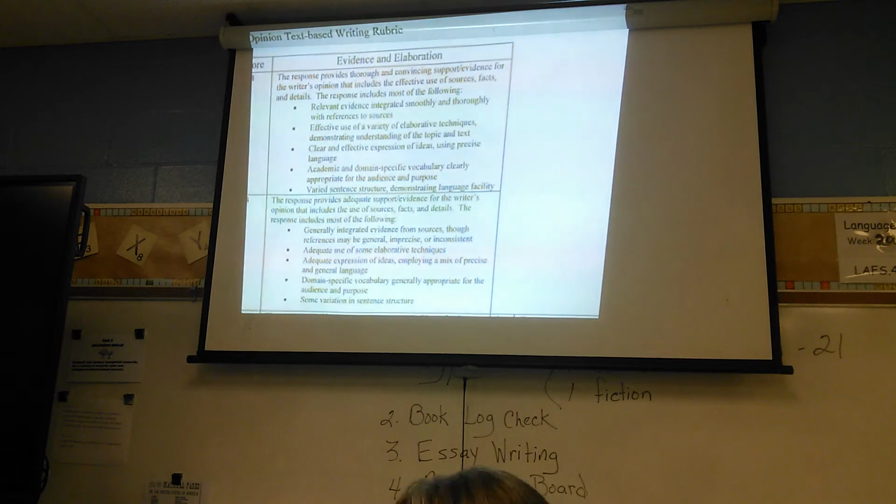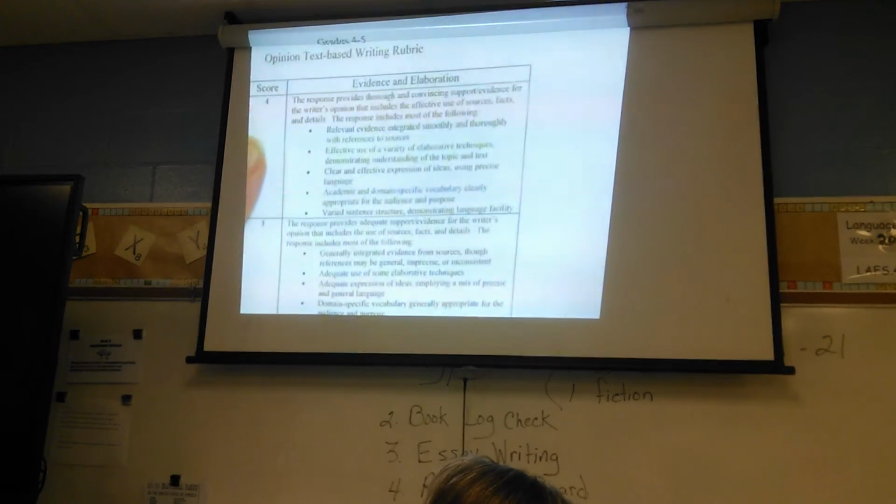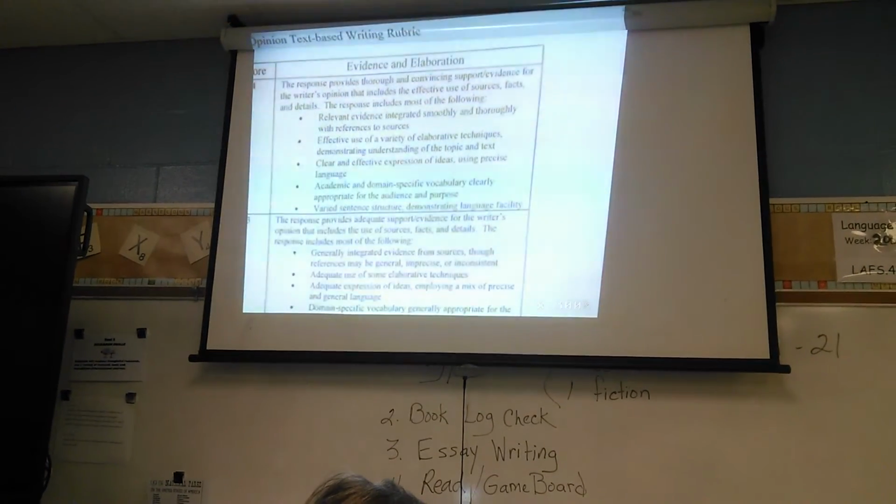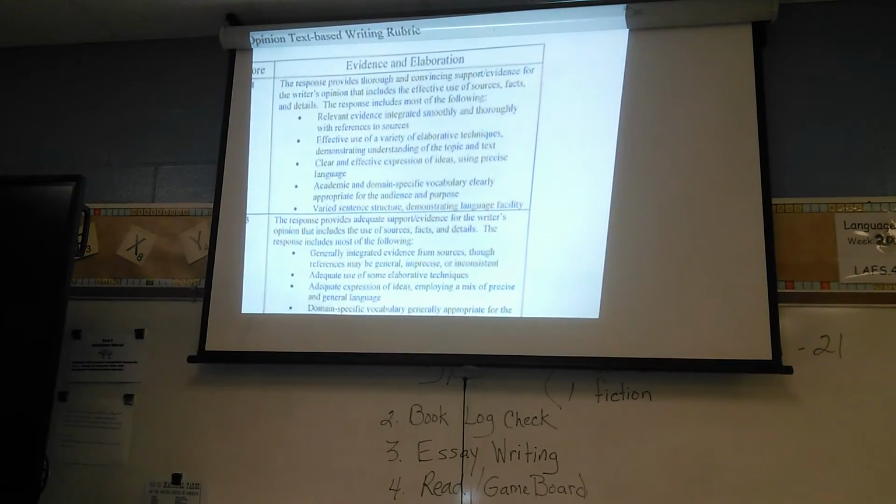All right, so let's look to see what you need to do in order to get a 4. The response provides thorough and convincing support or evidence for the writer's opinion or explanation. That includes the effective use of sources, facts, and details.